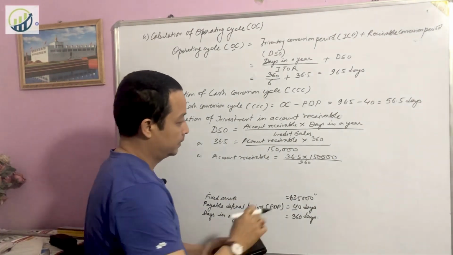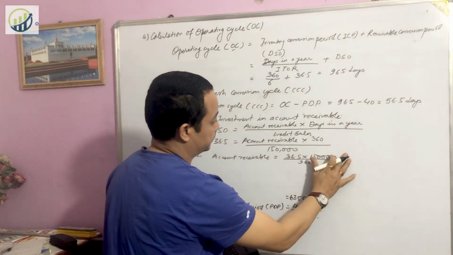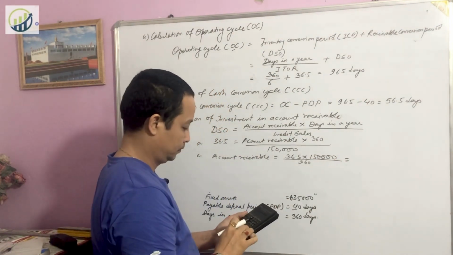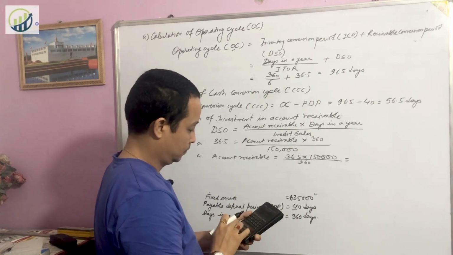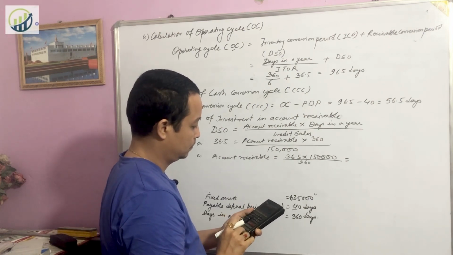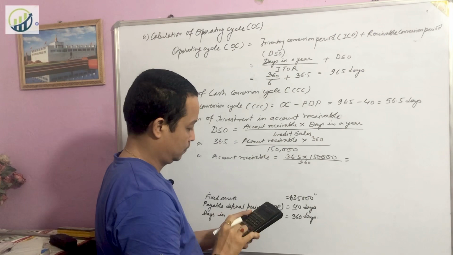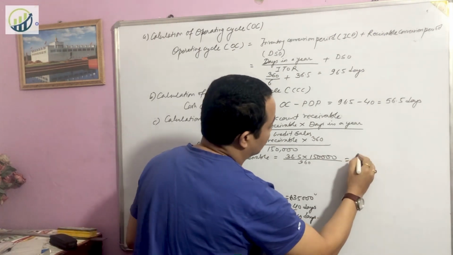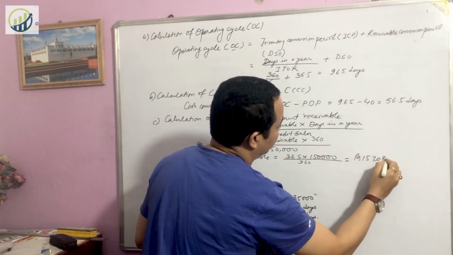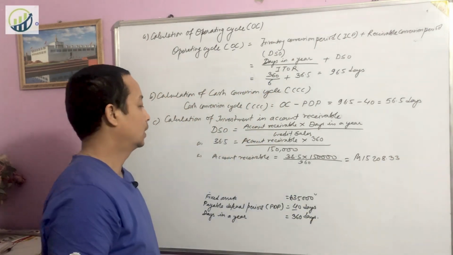So now you have rupees 15,208.33 as the account receivable.